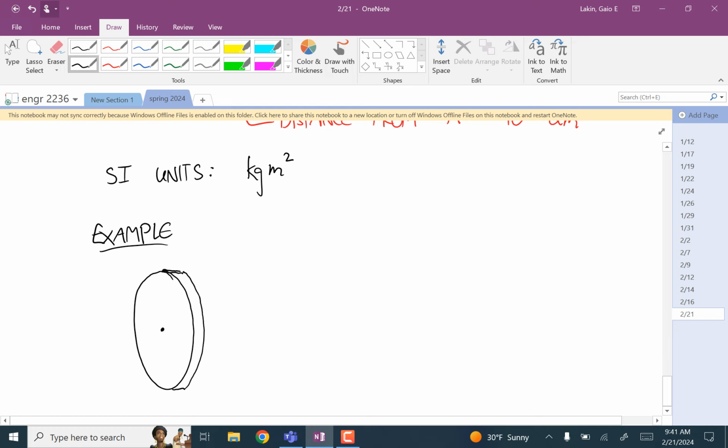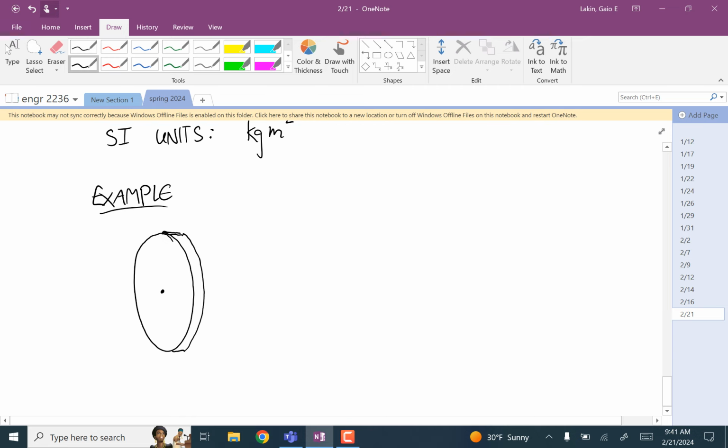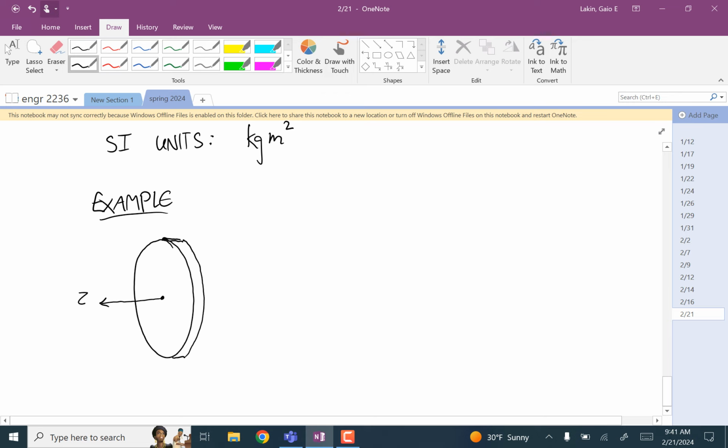And notice that this disk can rotate about 3 different coordinate axes. It can rotate like a wheel, and that's about an axis like this. Or it can rotate about either of these 2 axes. And notice in that case, this thing wouldn't be rotating like a wheel anymore. It would be rotating like a paddle, flipping like a flipped coin.